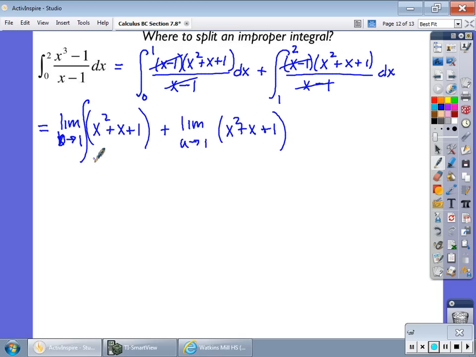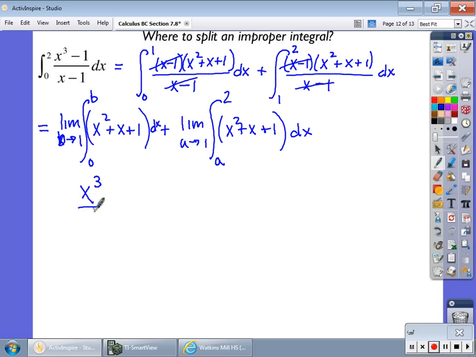I do need my integrals. What is going on with me today? dx and integral from a, this is supposed to be a b right there, to 2 dx. My apologies.